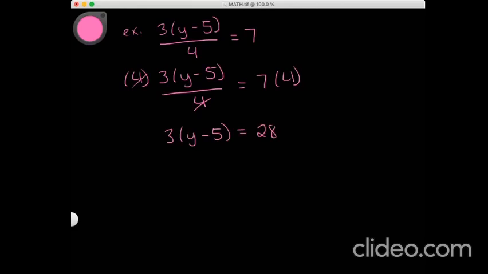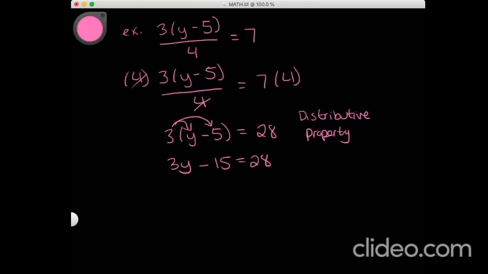So now what I have to do is use my distributive property and multiply the 3 into this bracket. So 3 times y gives us 3y, and 3 times negative 5 gives us negative 15, equals 28.